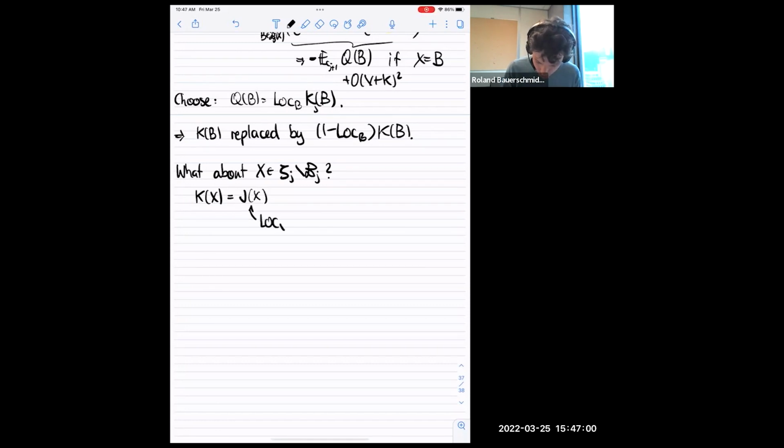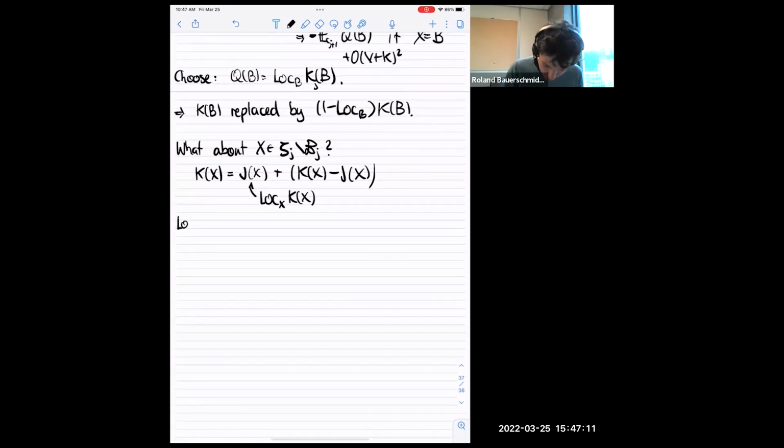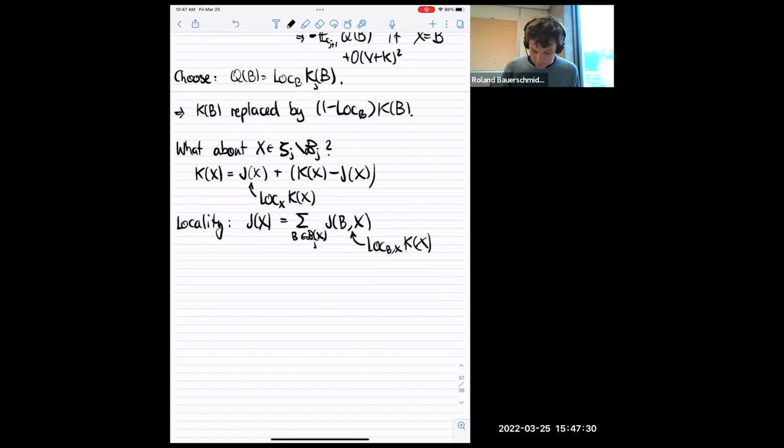So this is log X, K of X. And then there's the remainder, K of X minus J of X. And the locality property says that J of X is in fact the sum over B of terms JBX, which are the log BX, K of X. So we're only looking at X which are small sets, but not a block.